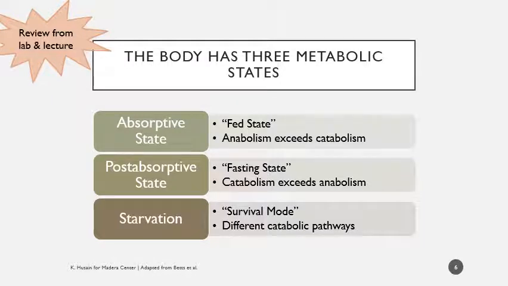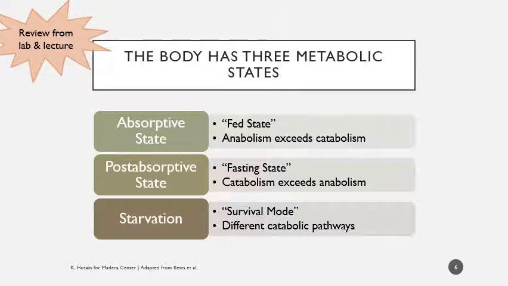So when you're in an absorptive or fed state, you have a lot of these extra building blocks. You can pack them together. In general, more anabolism is happening than catabolism. But many hours after you've eaten and you've packed away some of these reserves, it starts switching so that catabolism is exceeding anabolism when you get into those fasting states. So you're starting to have to access and tap into those reserves.